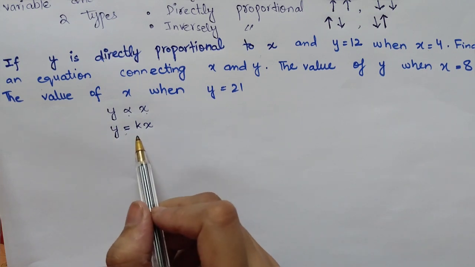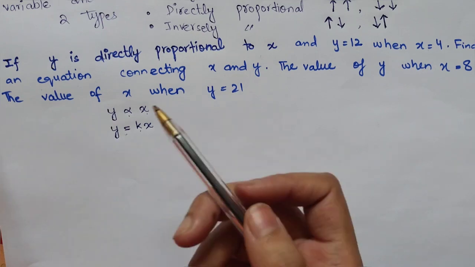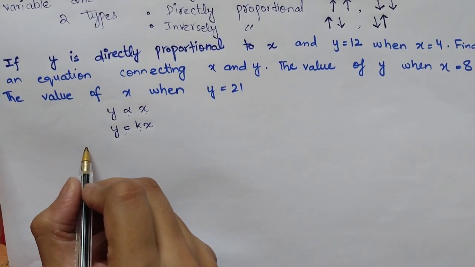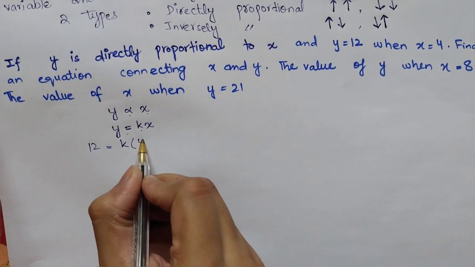These are all unknown. First we have to find the value of k, then your equation will become in the form of x and y.